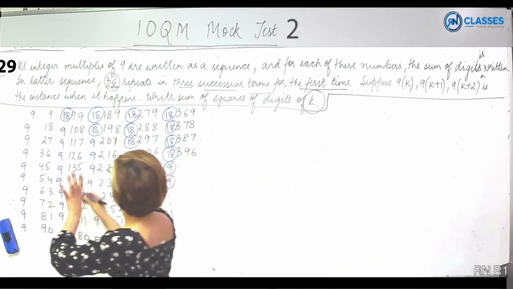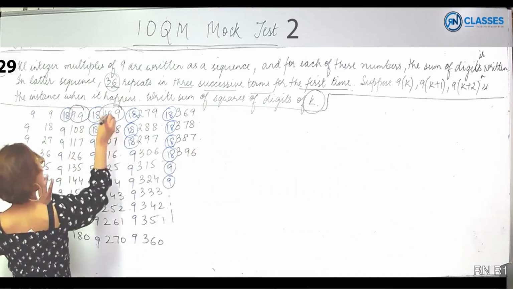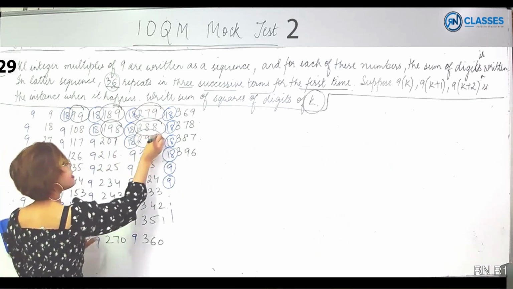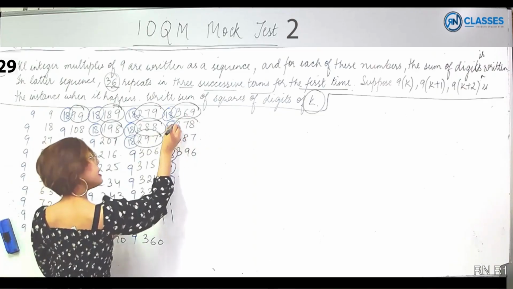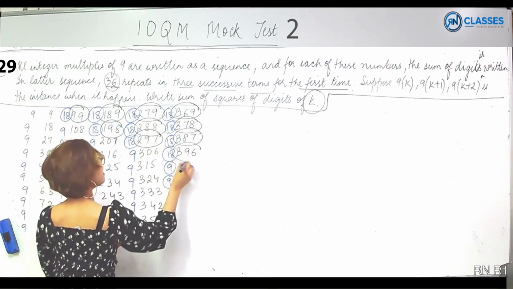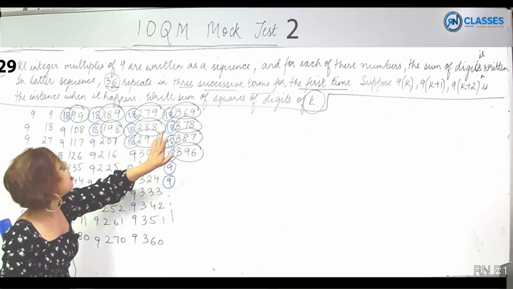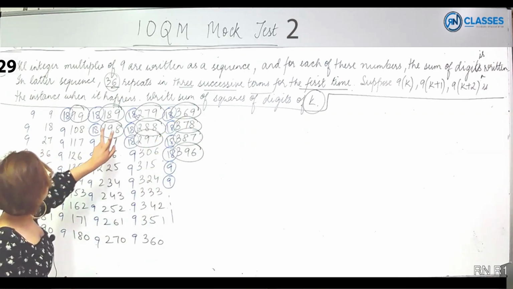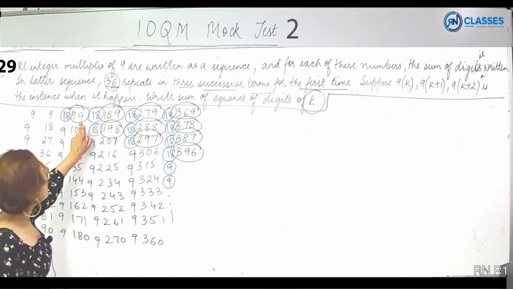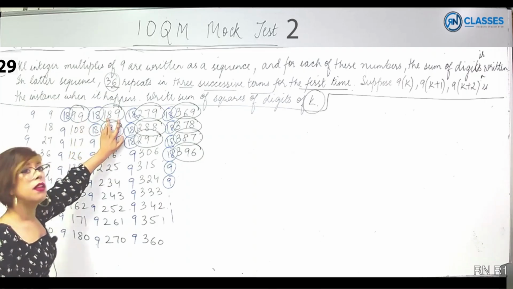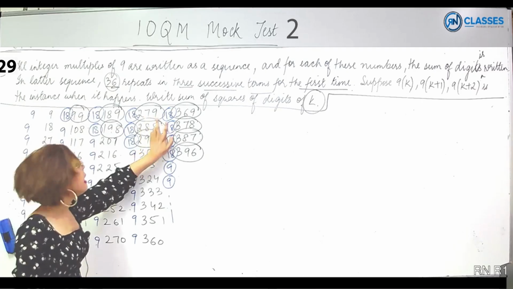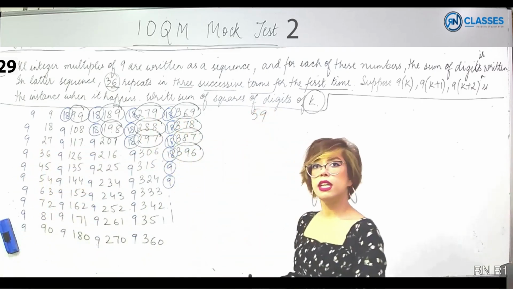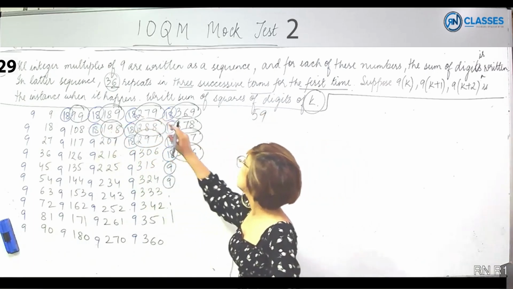Now observe it. Here 99 is there, 189, 198, then 279, 288, 297, then 369, 378, 387, 396. Observe these numbers. Is something repeating? Here it went from 9 to 89, then 79, then 69. How will it go next? 59, obviously 1, 2, 3, 4.